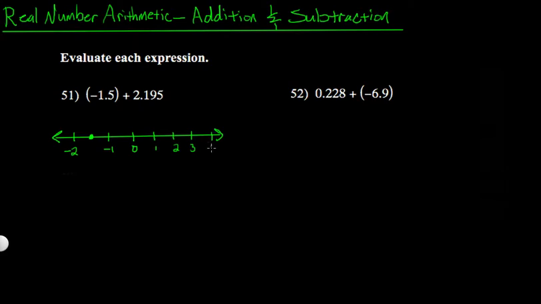And let's say that's 4. Okay, so we have a negative 1.5 and we're going to add 2.195. So we're going a little bit more than 2. So that will put us 1, 2 plus a little bit, right? So we would expect that our answer here is going to be somewhere between 0 and 1. It's going to be some decimal in there. And we'll come back and see if that holds true.